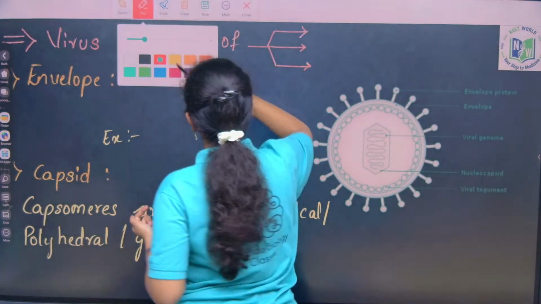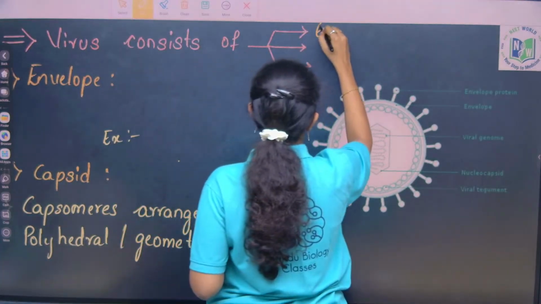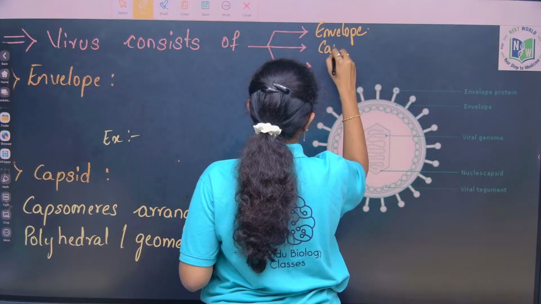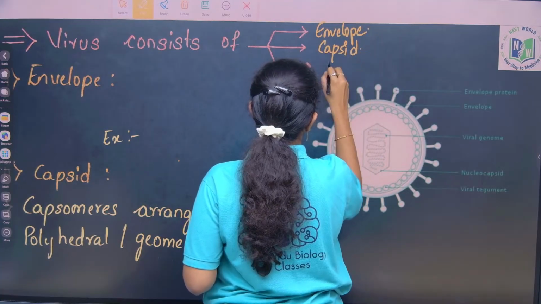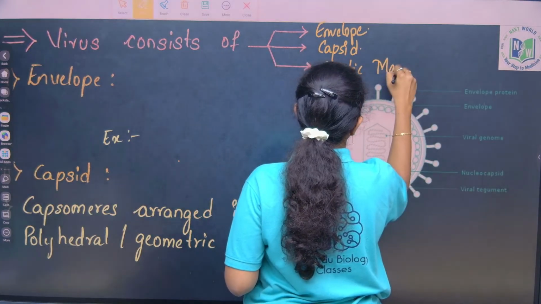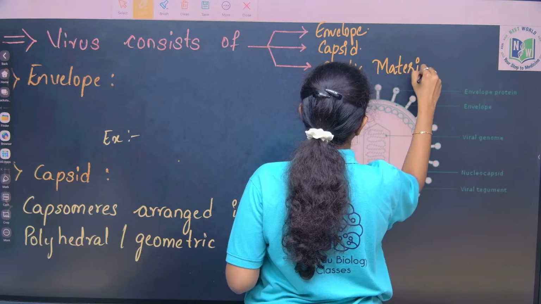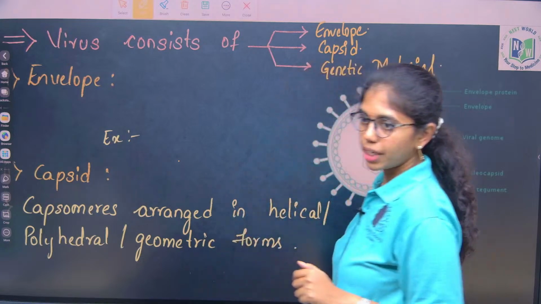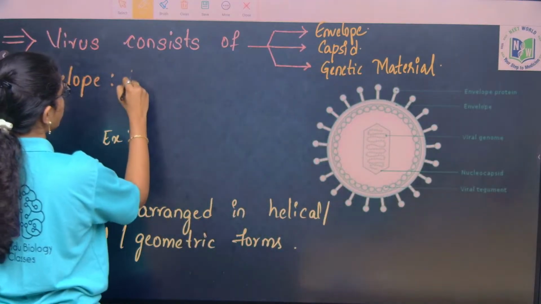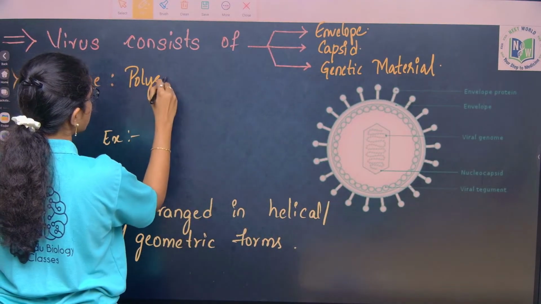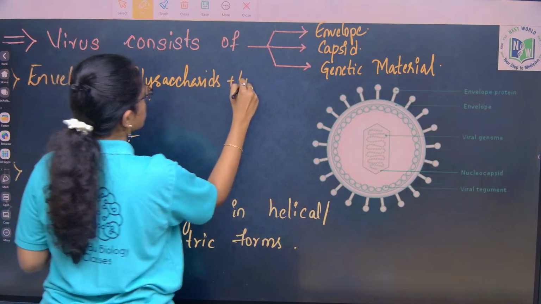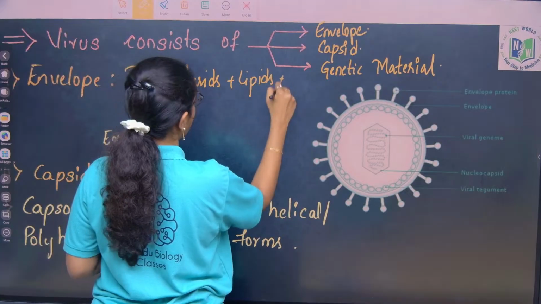Enveloped viruses have an envelope, capsid and genetic material. This envelope is made up of what? Polysaccharides, lipids, proteins.